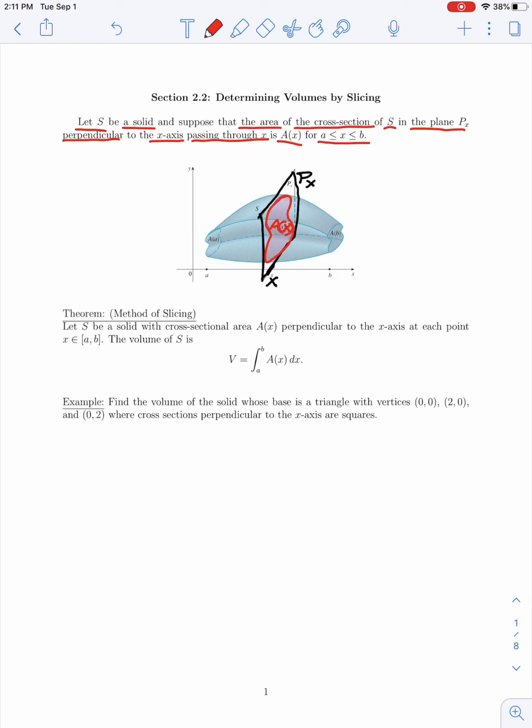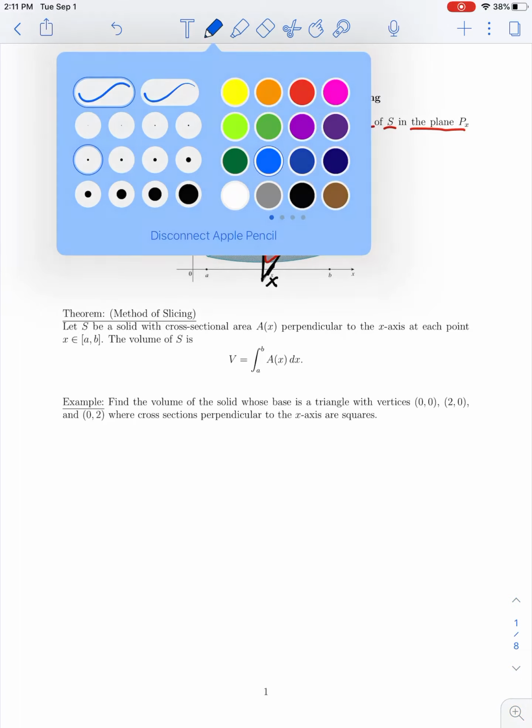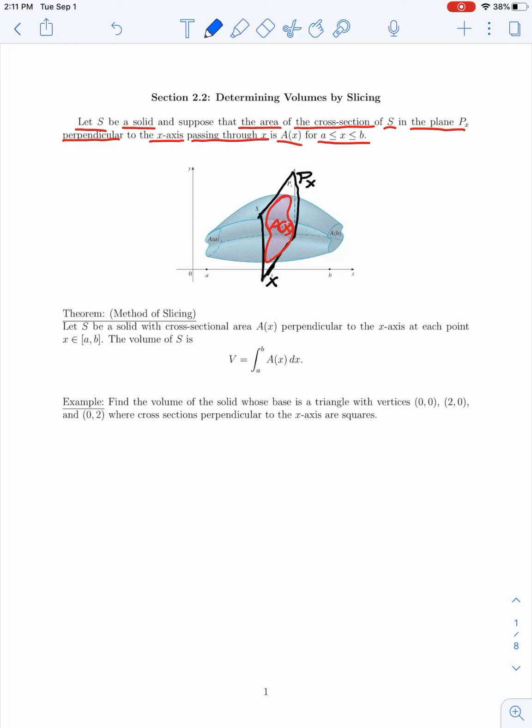And let's say that we're able to find the area of such a cross-section for all the values of x from A to B. So for instance, on this far end, when x is equal to A, if we take a cross-section of our solid, we have this little shape. And as x varies from A to B, we see that the cross-sections of this solid become larger and then eventually start decreasing.